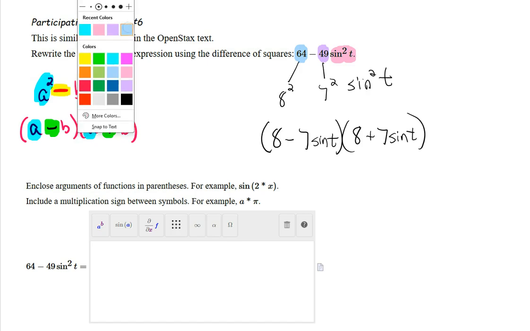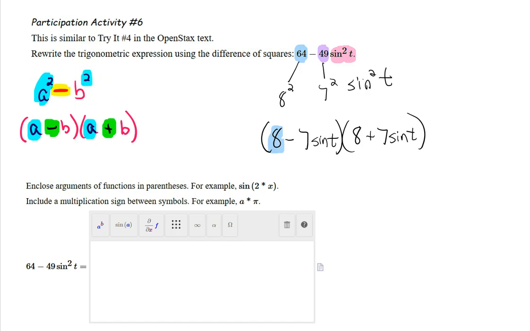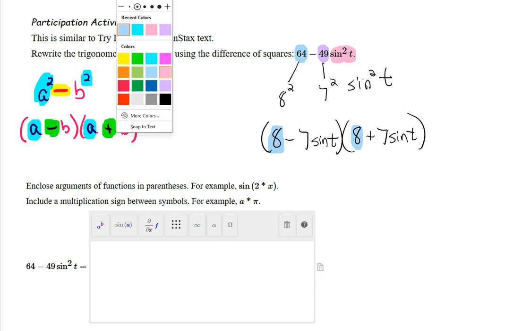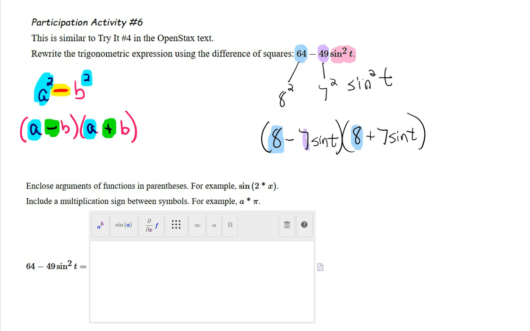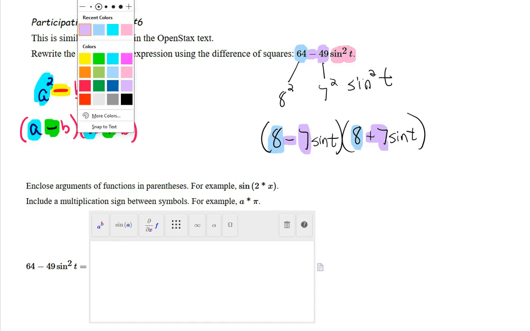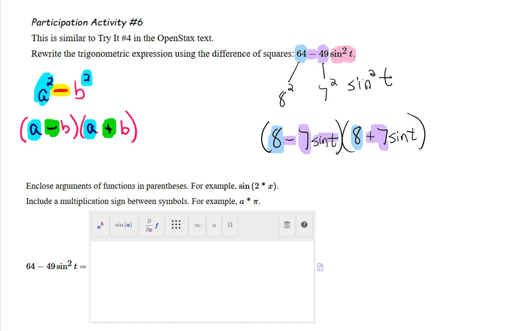So just so you can see it, here's the 8 times 8, which gave me the 64. And then the minus, it's technically a minus 7 times a plus 7, and that's your minus 49. But along with it, you have a sine of t times the sine of t, and that's the sine t squared.